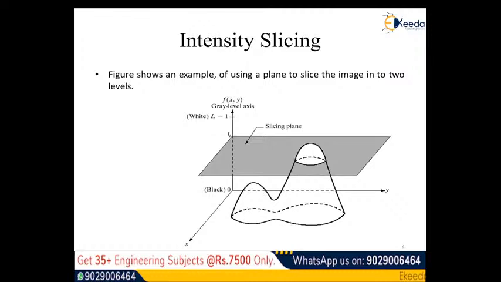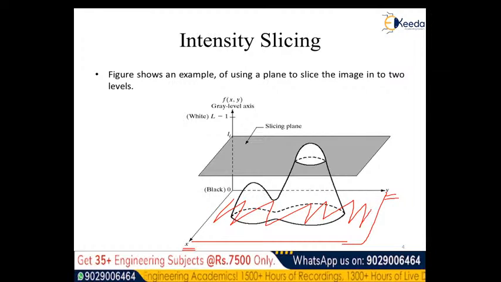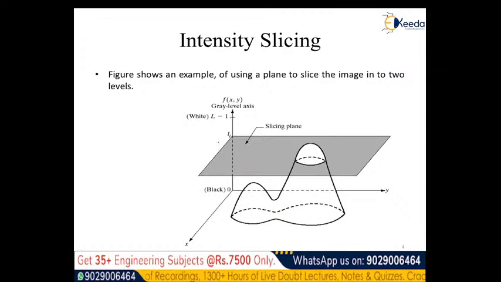On the horizontal axes you see the spatial dimensions: y is one horizontal axis, and the other horizontal axis, perpendicular to the digital screen, is x. Between x and y is the image plane. In this image plane you have the information, and whatever the intensity level or gray level is, it is plotted onto the vertical axis, which is perpendicular to the image plane.